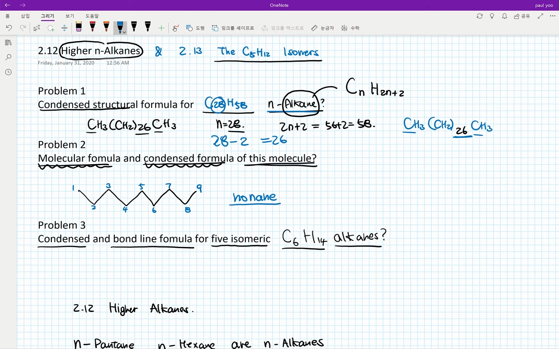And since n, which is the number of carbons, is equal to 9, if you use the formula 2n plus 2, it is going to be 20. So you will see C9H20 as the molecular formula, and CH3, CH2, 7, CH3 will be the condensed formula.